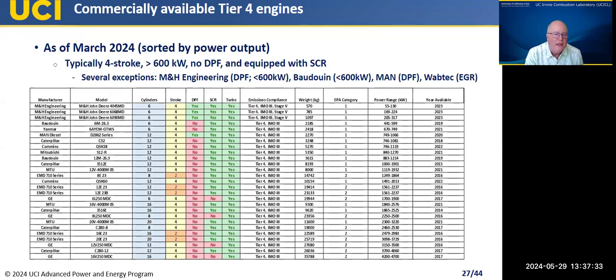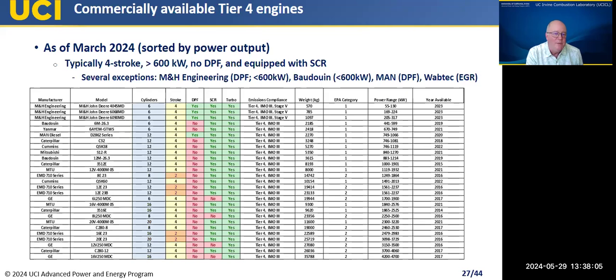So this shows, as of March, sorted by power output, all of the commercially available Tier 4 engines. There are quite a few different manufacturers and sizes. Typically, these are 4-stroke, more than 600 kilowatts, not using a diesel particulate filter yet, but typically using SCR for NOx cleanup.